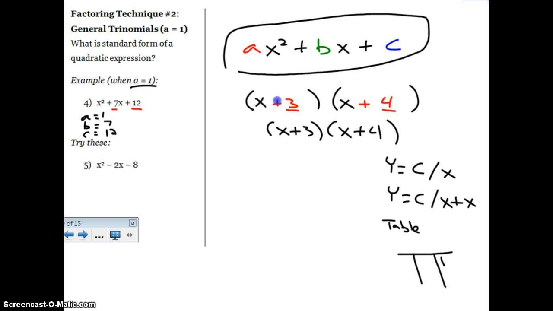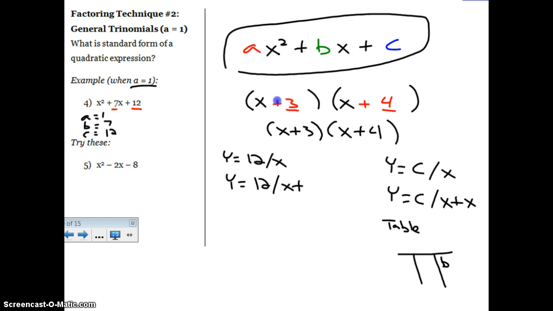You're going to look for your b value in the far right column, okay? And you're going to choose the numbers that are accompanying it. So in our example, we had y equals, we put 12 over x. You don't have to write this down, I'm just recapping. 12 over x plus x.